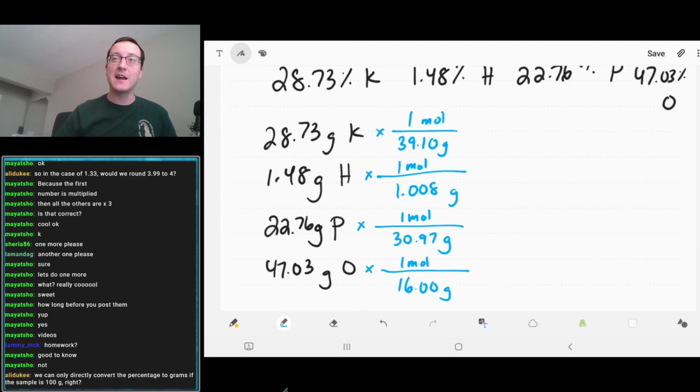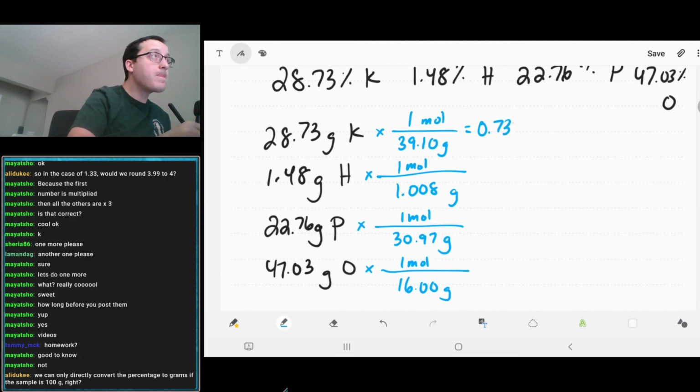If you choose 10 grams instead, 28% of 10 will be 2.8, so you would just use those numbers instead. It'll still work, trust me. But easiest to do 100.